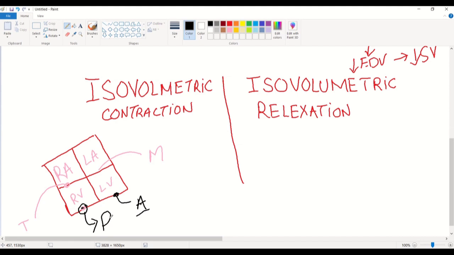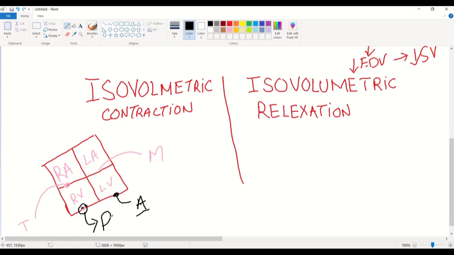So what is isovolumetric contraction? Although UWorld and NBME did not ask the question in that way, they asked in the graph that we will discuss after a few minutes.